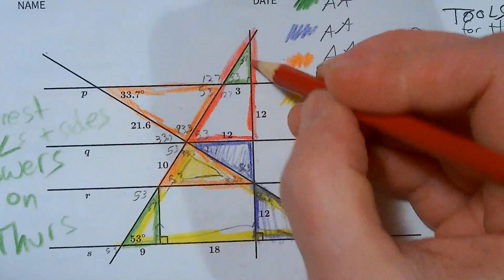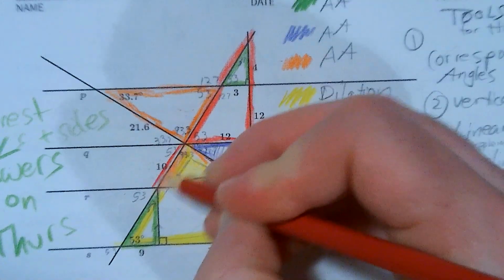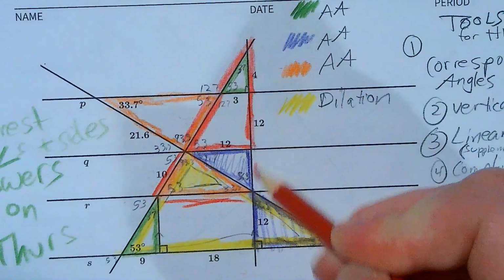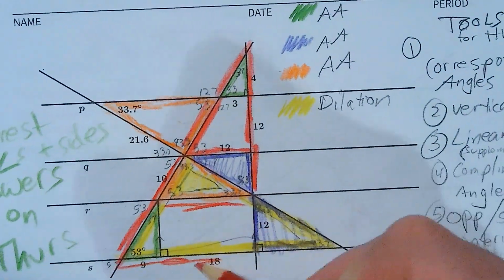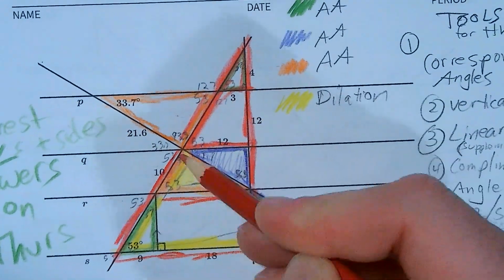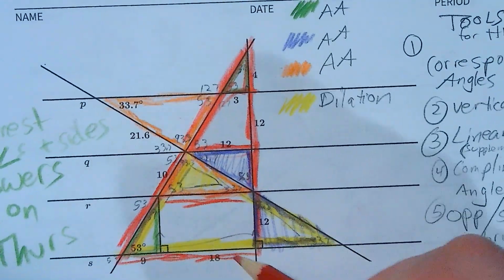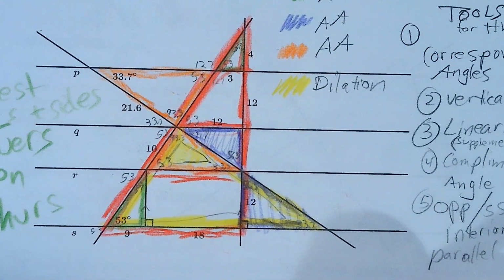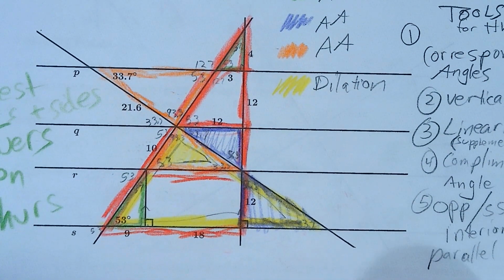Just keep using the red one. Guess they were supposed to all be the same color. Whatever. Did we finish this? That's good enough. Let's get on to these other ones.